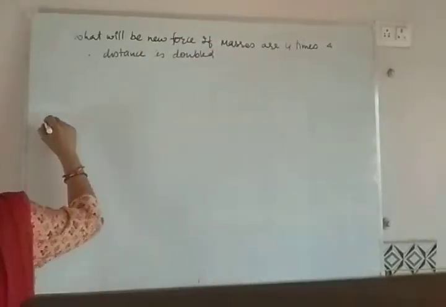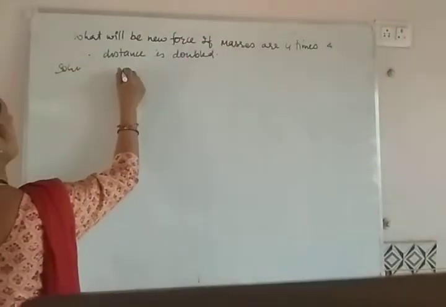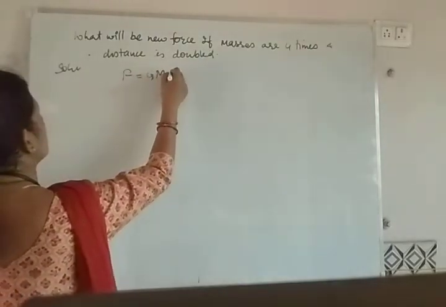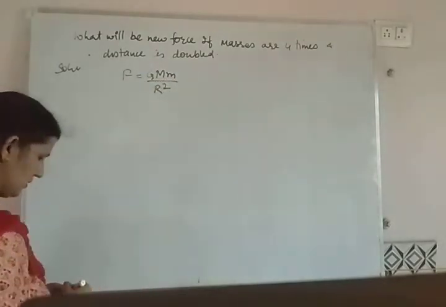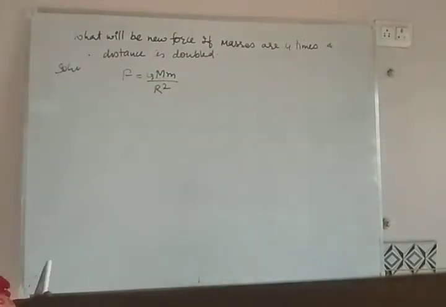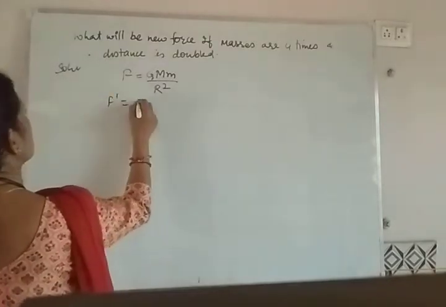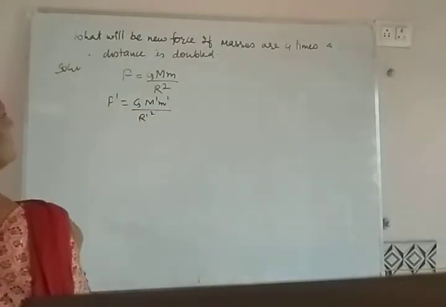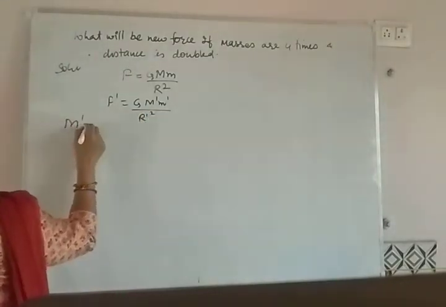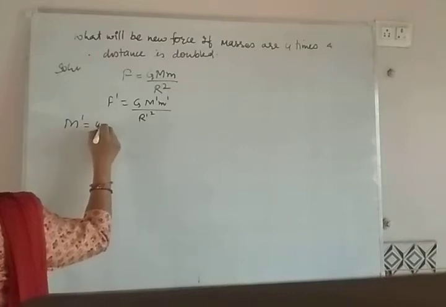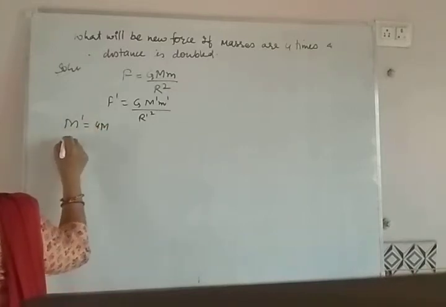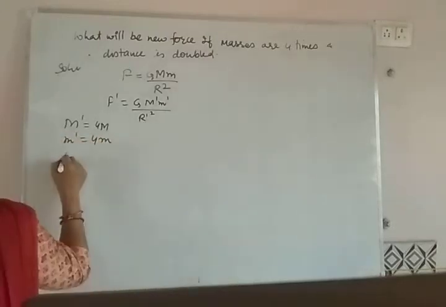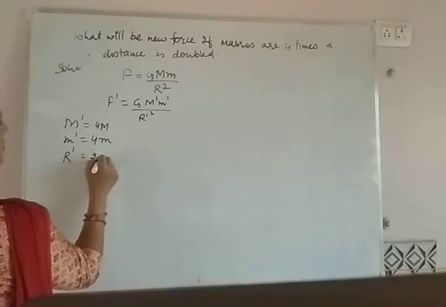For this, F is equal to G M m by R square. Write the new force as G M dash m dash by R dash square, and what is given to you: new mass M dash is 4 times the original mass, small m dash is also 4 times the original mass, and R dash is 2 of R.